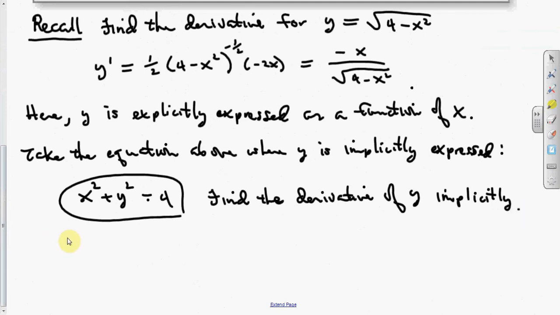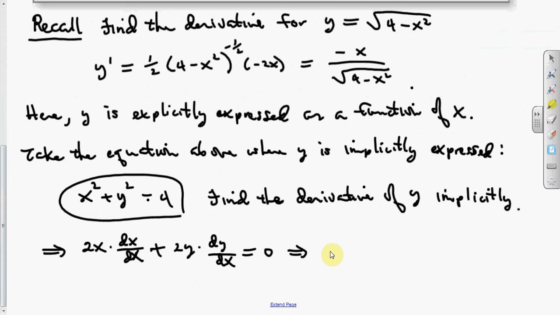So here we take this derivative. This implies that we have the derivative of x squared is 2x times its derivative dx over dx, plus 2y times the derivative of y as dy over dx. Here y depends on x, so then is equal to the derivative of 4, which is 0.